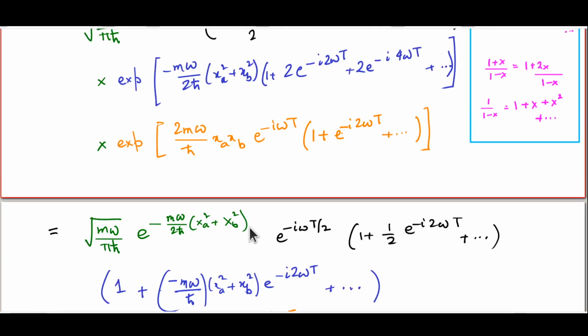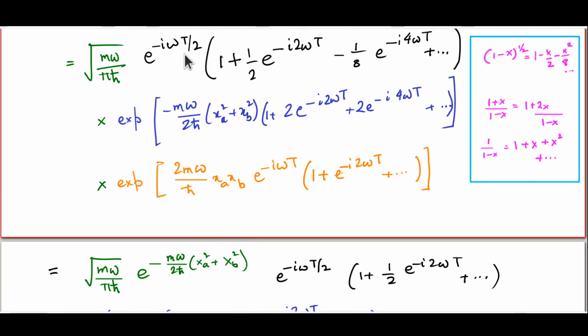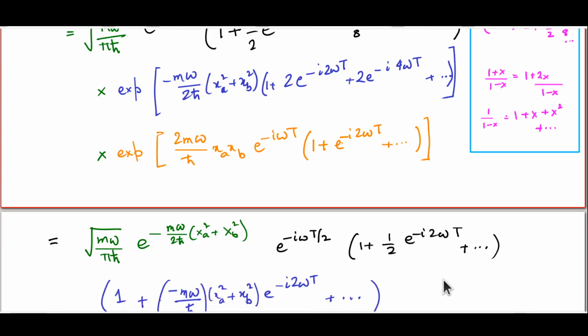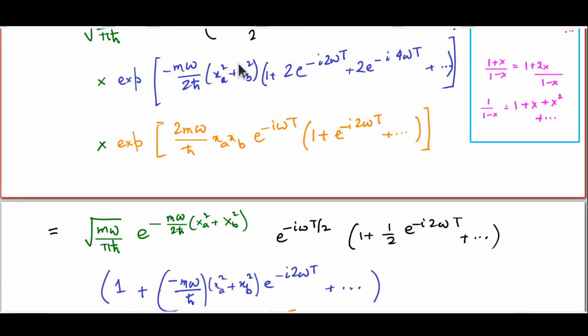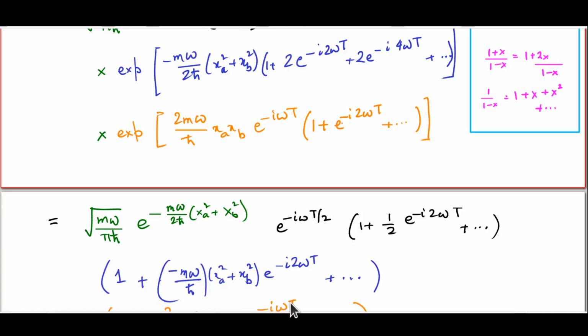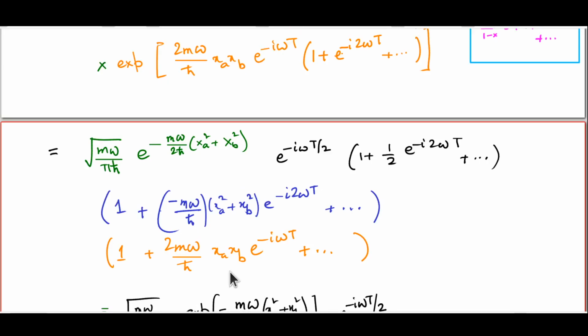And then you multiply it by e to the minus i omega t by 2 times this bracket. I've just kept up to twice omega here simply because it's going to get tedious to write down the whole thing soon. The rest of the exponent here, after you take out this one term, can be written down using the infinite series for the exponential in this form, and a similar infinite series will give you this as a first term for this particular exponent.